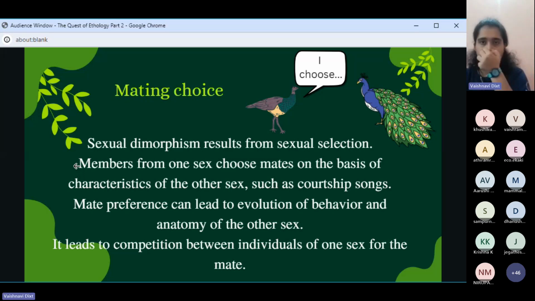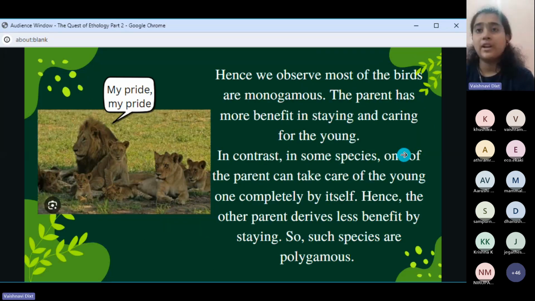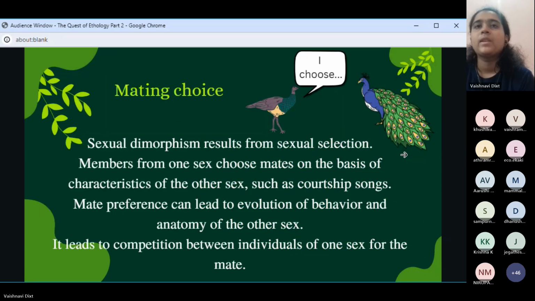Okay. So now, as I said, since the male and female are so different in appearance, there exists a mating choice. Sexual dimorphism results from sexual selection. The members of one sex choose their mates from the other sex based on their characteristics.